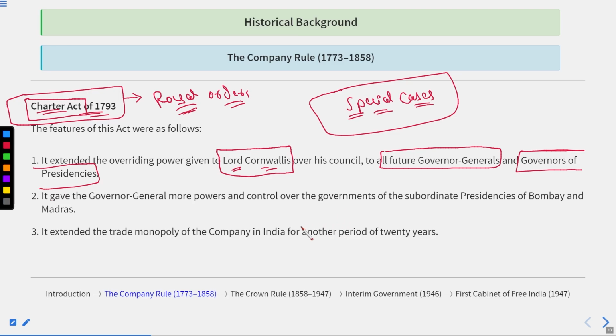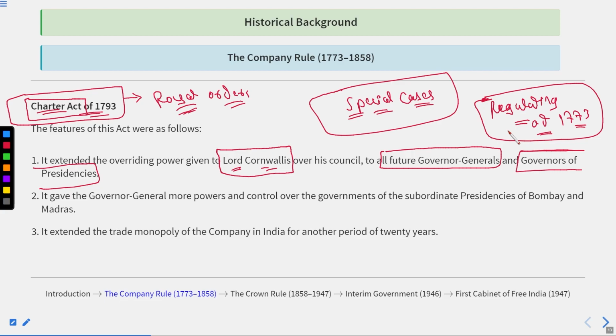Second, it gave the governor general more powers and control over the governments of the subordinate presidencies of Bombay and Madras. By the Regulating Act itself, the centralized government was formed. Prior to the Regulating Act, Bengal, Bombay, and Madras were the three presidencies, and they were independent of each other.